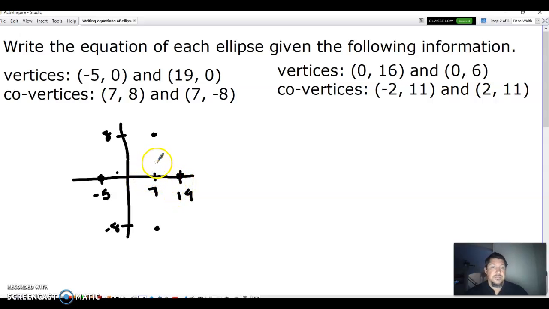This is a little off. It's not at all proportional, but basically this spot right here would be that center. So that center is going to be at 7, 0, which you can pick up because 7 is shared here, 0 is shared here. Okay, so that's my center.